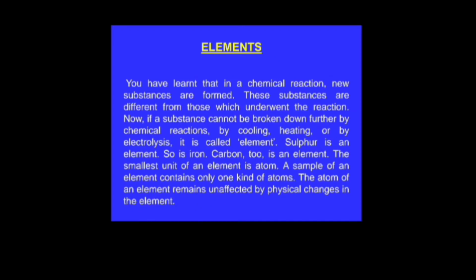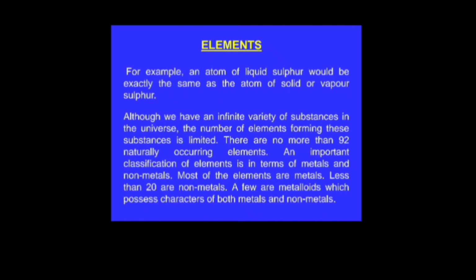A sample of an element contains only one kind of atom. The atom of an element remains unaffected by physical changes in the element. For example, an atom of liquid sulfur would be exactly the same as the atom of solid or vapor sulfur.